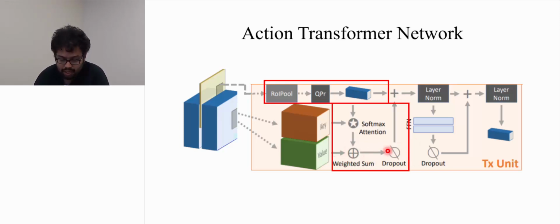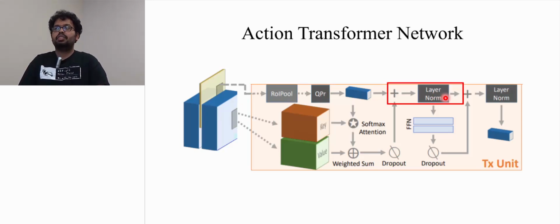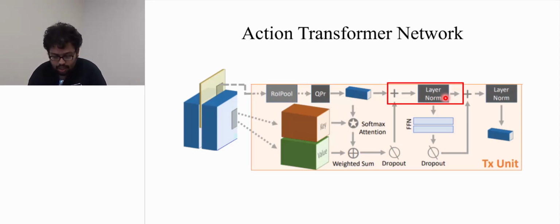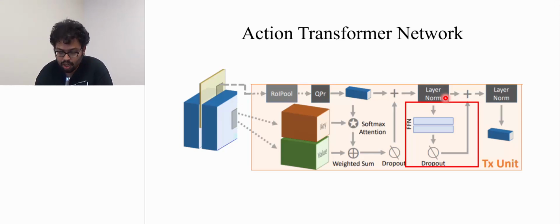A dropout is applied on the resultant feature, which is then added back with the original query here. This added feature is then normalized. Then it is passed through a full feed-forward network, which is a two-layer MLP, multi-layer perceptron, on which a dropout is applied and then added back again here.